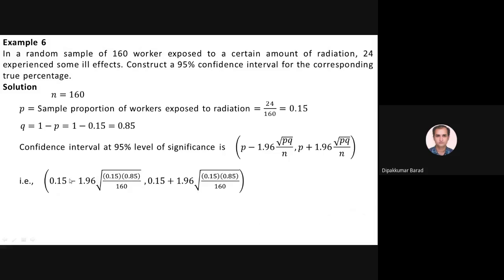Now you have to calculate this and you get the interval, that's all. So this is the 95% confidence interval corresponding to the percentage given here. Is it clear? Here we haven't been asked to test the hypothesis.